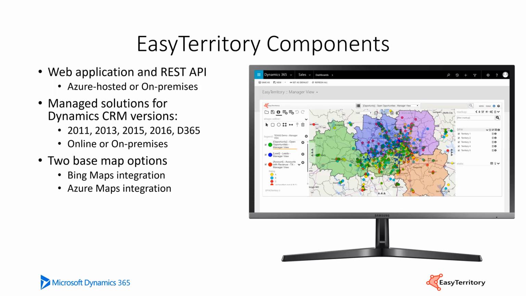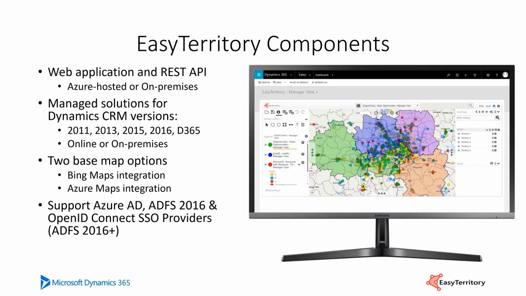If you're not familiar with Azure Maps, you should definitely check it out. Azure Maps is a new platform that leverages TomTom for the underlying base map data, has a really fast geocoder and really accurate geocoder as well. As far as authentication goes with EasyTerritory, we do support Azure Active Directory and single sign-on providers that support OpenID Connect.